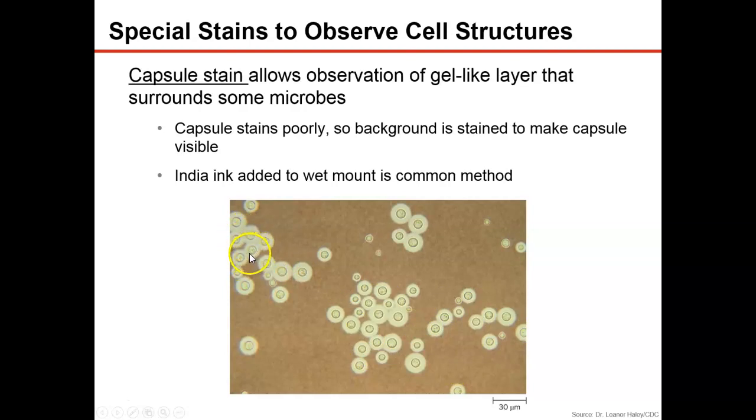And when you do that, you end up with these cells that have a pinkish color, and you have a background that is dark. And surrounding the pinkish cells are the capsules, which have no color whatsoever.